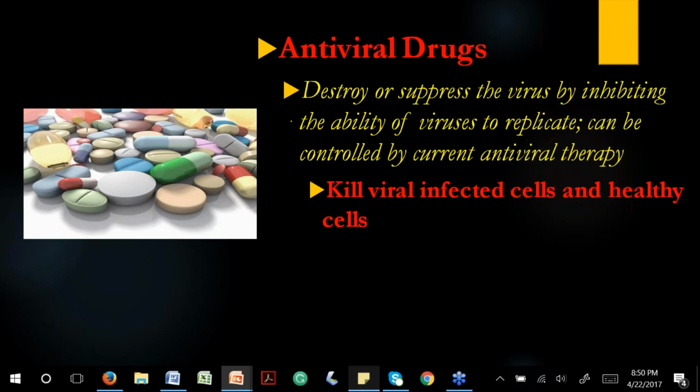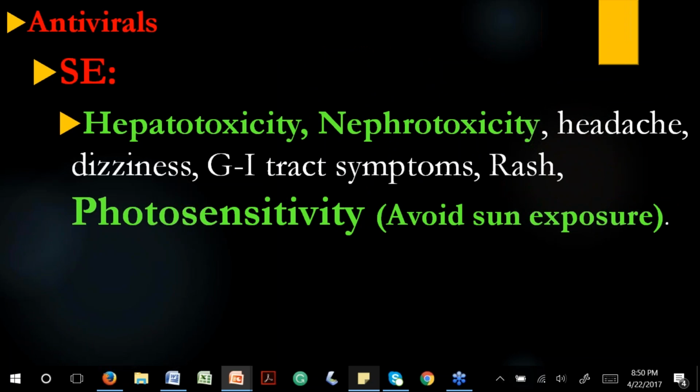Give me a second. Okay, so the antivirals kill viral-infected cells and healthy cells. That is what the antivirals do.